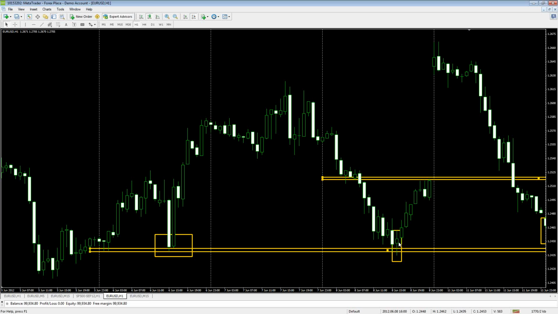When you enter and the price keeps going down a little bit, you can always wait to see the candle close around the price action area, and after that take action. Even if you miss a few pips, it doesn't matter.